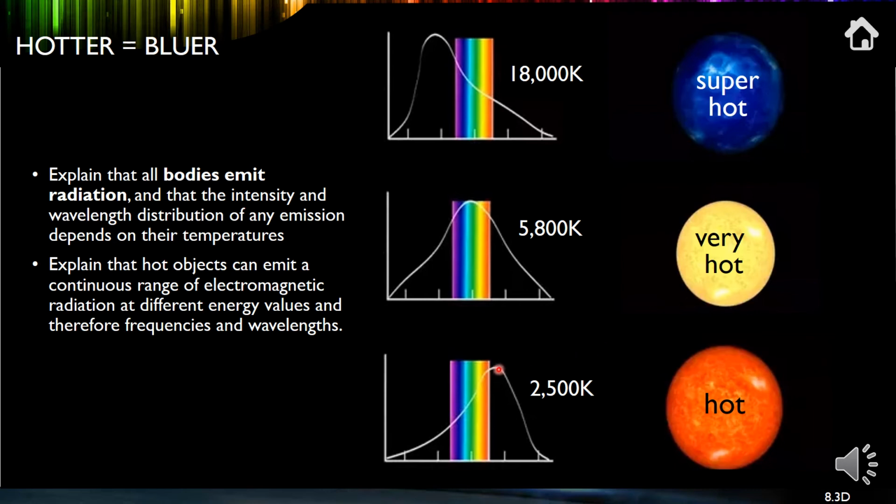But you can see that this peak moves along. So this is the peak intensity. So here the peak is actually outside the visible, so it's in the infrared. Here the peak is shifted along, so these are higher frequencies, higher energy, and finally here it's in the ultraviolet. But here still a lot more blue light coming from these super hot gases. So in summary, hotter equals bluer.